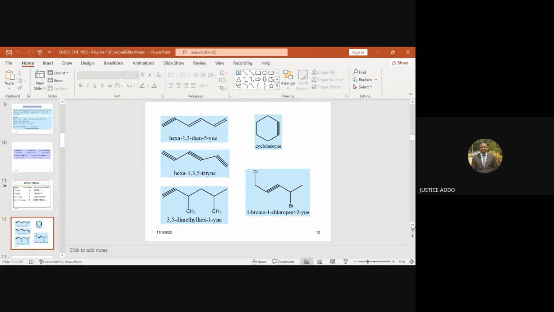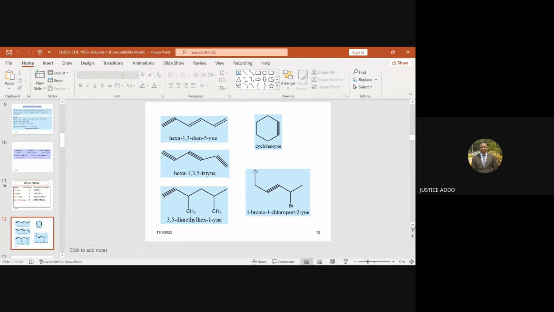The triple bond is superior in terms of functional group than the double bond. So you don't name it as an alkene, you name it as what? An alkyne. Just that your name should also have the double bond in it, in terms of its position. Okay, and that's what you have as an example there.